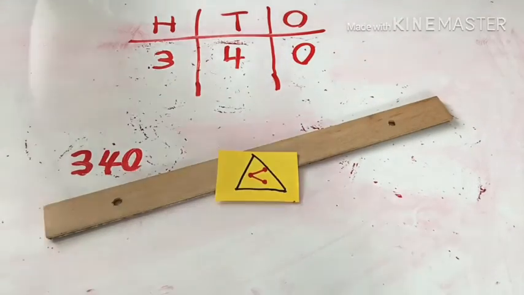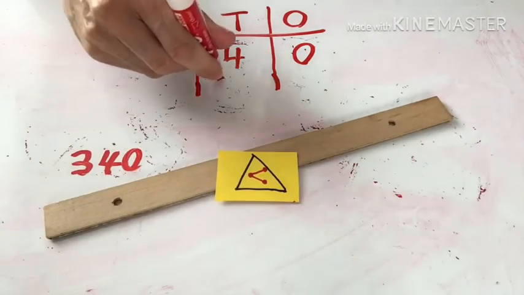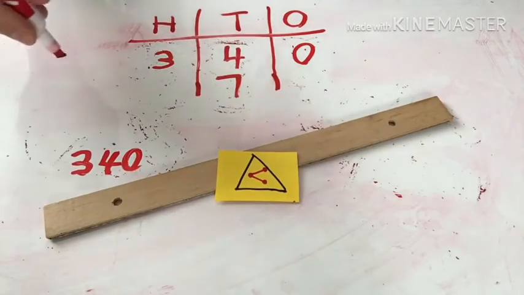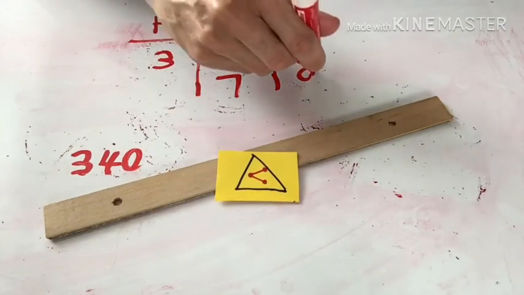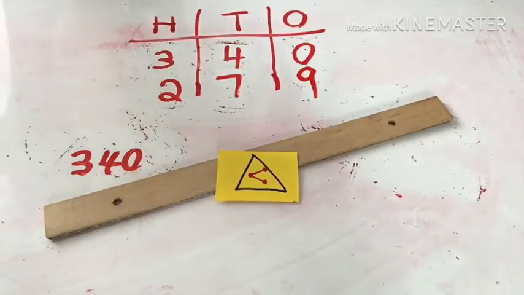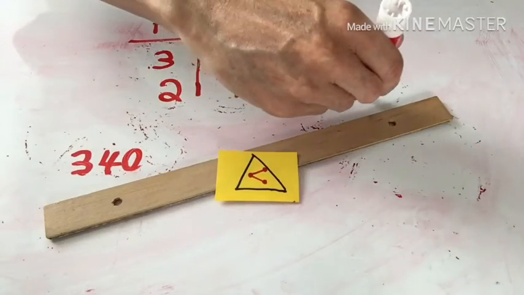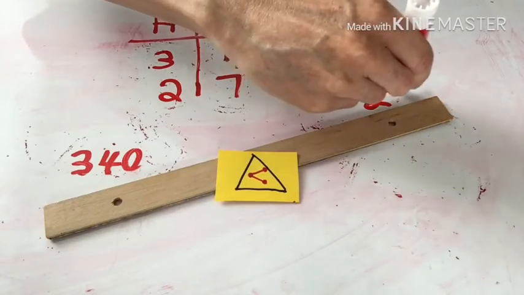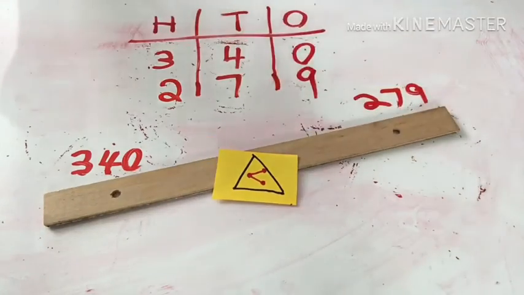It says 7 tenths, 9 ones, and 2 hundredths. So on the right side, we have number 279.